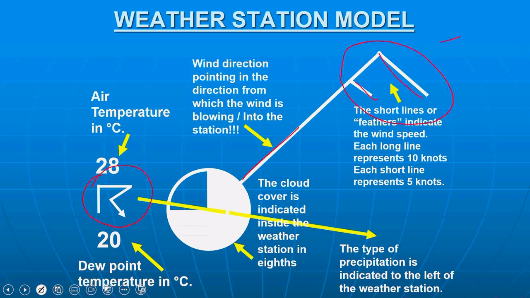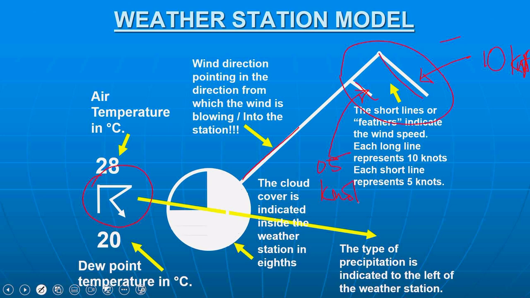The longer line will indicate 10 knots, or you can write it in full, 10 nautical miles. This is the one that I'm talking about, 10 knots.